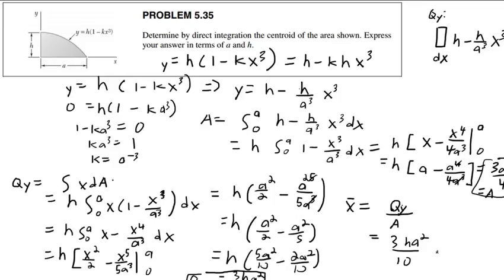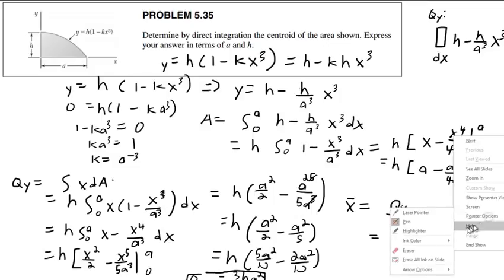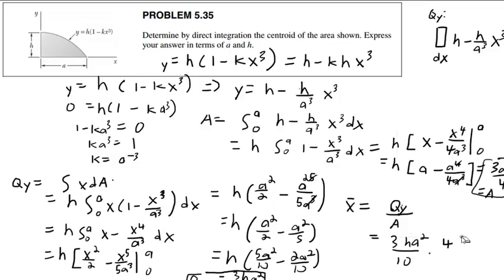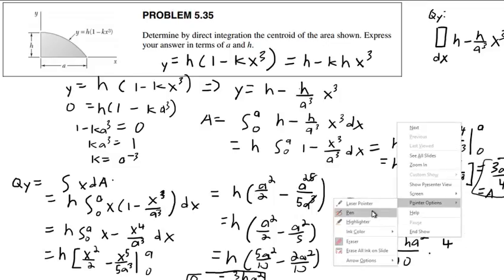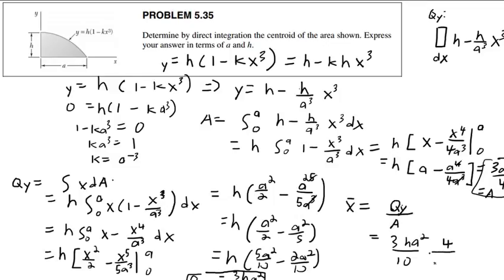Here I'm just going to be lazy and multiply by the reciprocal, since I'm dividing by a fraction. The 3 cancels out, the h cancels out, the a and the a cancel out, and I get 2/5 a for x bar.